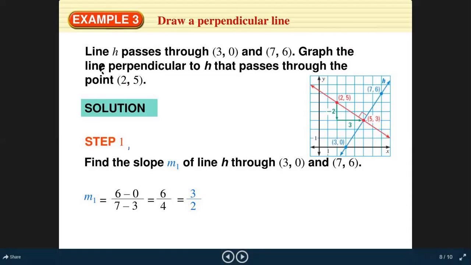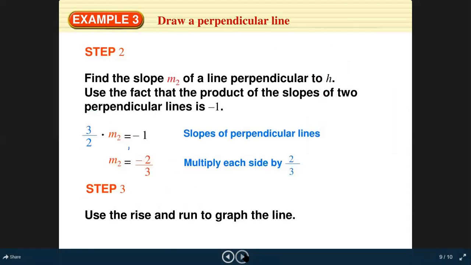Now, we are looking for another line perpendicular to H that passes through the point (2, 5). How are we going to draw it? Find the slope M2 of the line perpendicular to H. Use the fact that the product of the slopes of two perpendicular lines is -1, which means M1 times M2 equals -1.